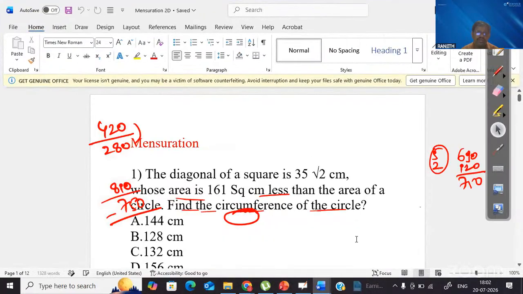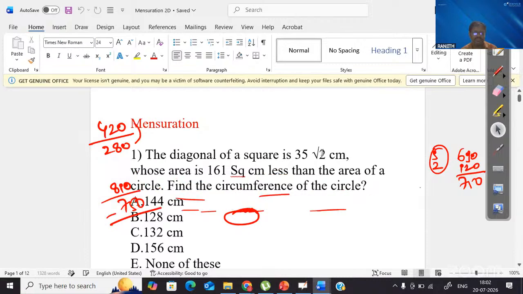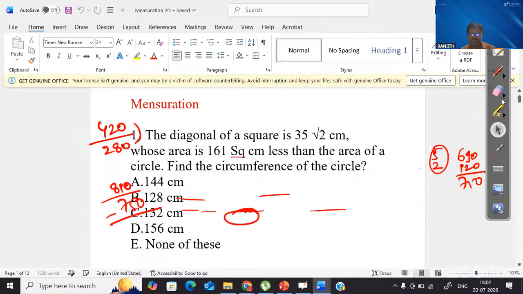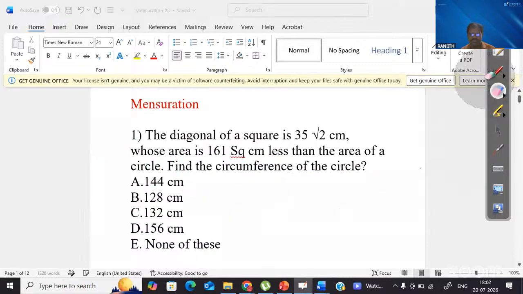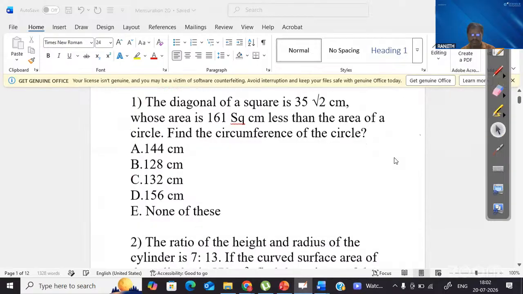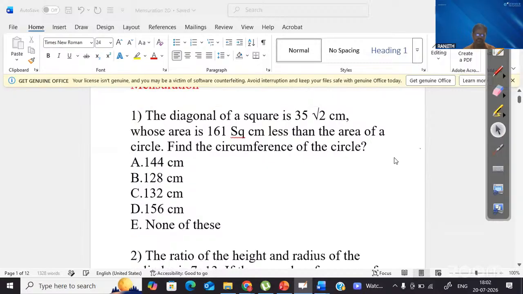Next we are having topic is mensuration. So in this we are having area of square.